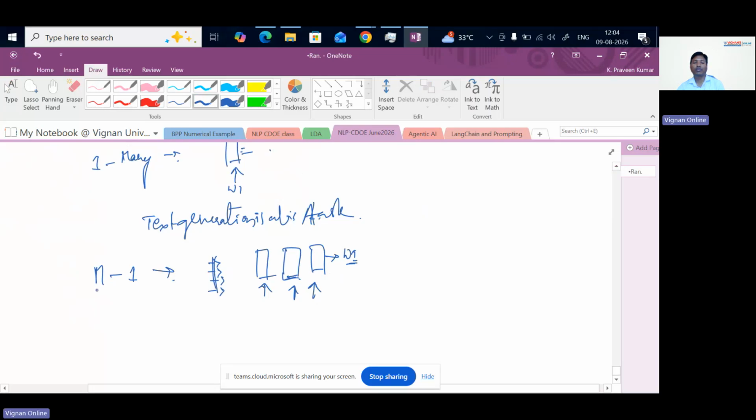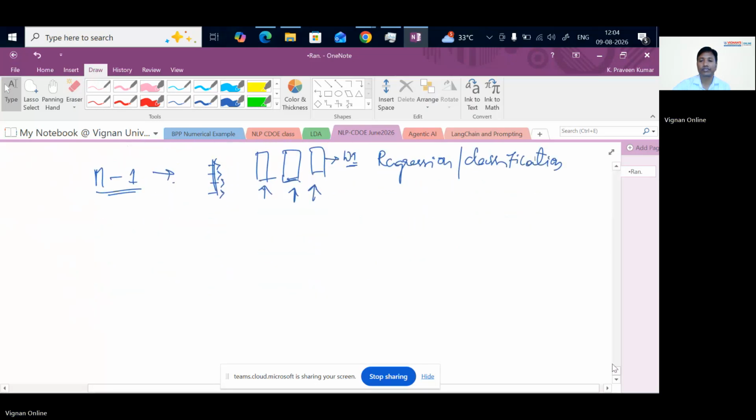This is what is called the many to one concept. This is regression or classification, which is what we are currently talking about.